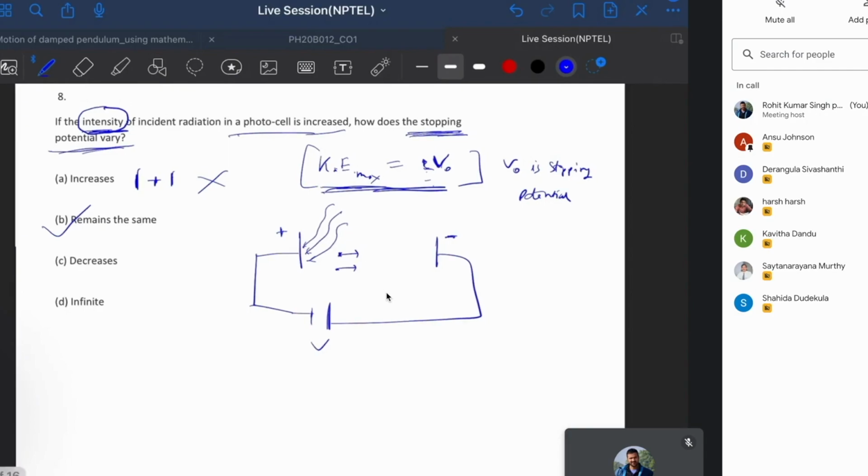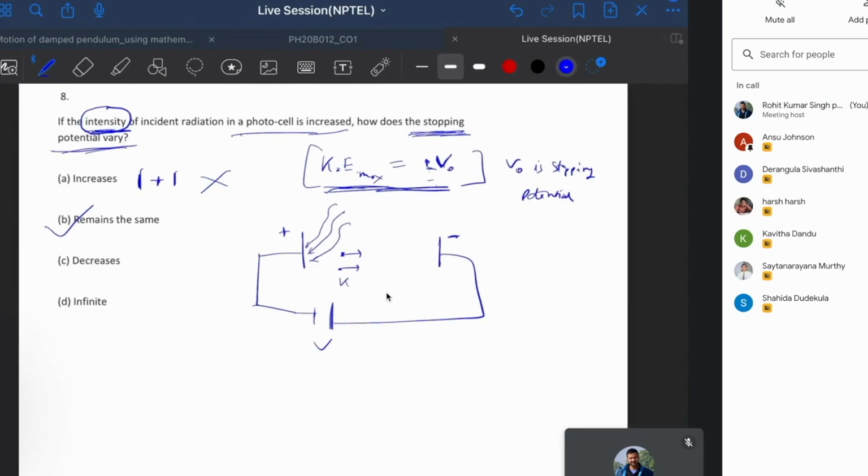Now these electrons are carrying kinetic energy. This kinetic energy depends on what? The frequency of this beam, right? Not on the intensity of the beam. Correct?